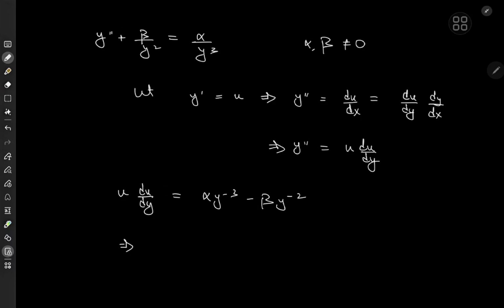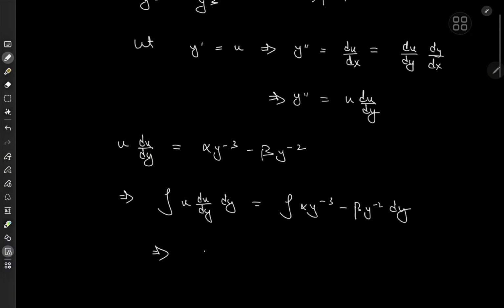So this implies, on integrating with respect to y, that we have the integral of u times du over dy equal to the integral of alpha times y to the minus 3 minus beta times y to the minus 2 dy. So this means we have u squared over 2 on the left-hand side, and on the right we have alpha times y to the minus 2 over minus 2, minus beta times y to the minus 1 over minus 1 plus a constant of integration c.